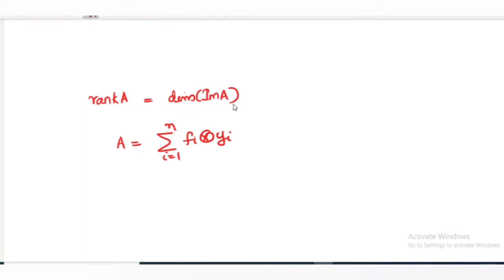Then we proved every bounded operator of finite rank can be written as a tensor product. And finally, we proved every bounded operator of finite rank is a compact operator. Hope everything is clear for you. In the next class, we will discuss compactness of integral operators in L2.